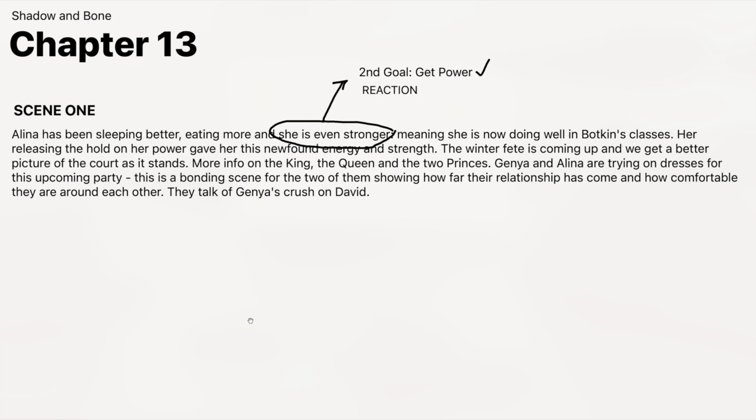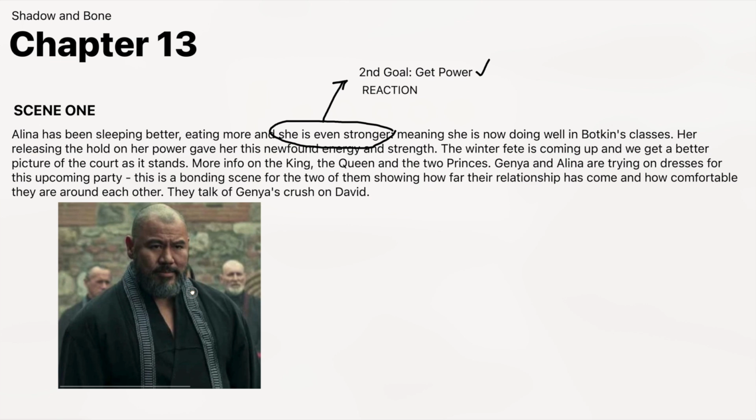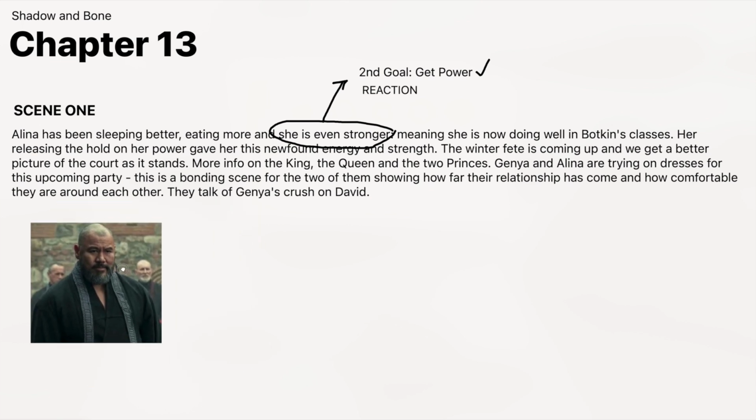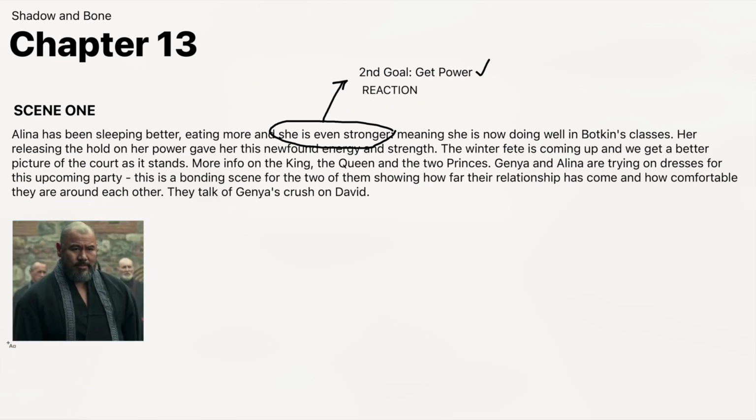So that's a pretty stereotypical trope now of main character is weak until she gets power, now they're strong. That's kind of what happened here. It means that she's also doing well in Botkin's classes, which is also exciting because this was another obstacle that she overcame. Her releasing the hold on her power gave her this newfound energy and strength.